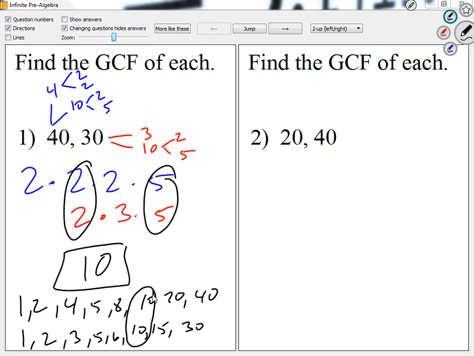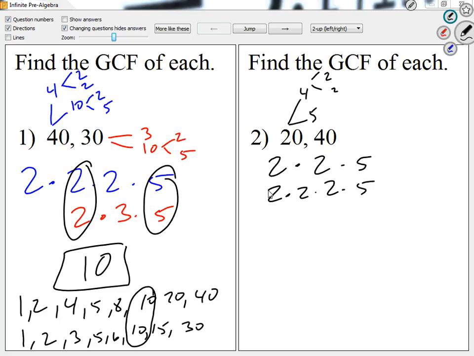For question number 2, the prime factorization of 20, I know I go 4 times 5, 2 times 2, so the prime factorization is 2 times 2 times 5. For 40, I know it from the previous question. I'm going to go 2 times 2 times 2 times 5.